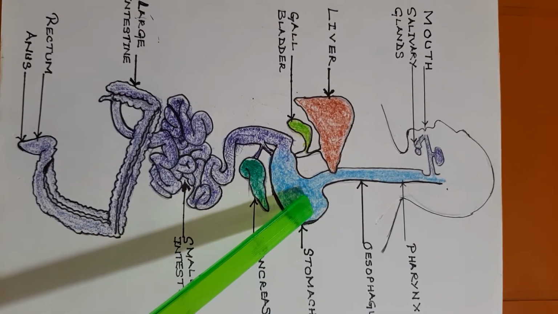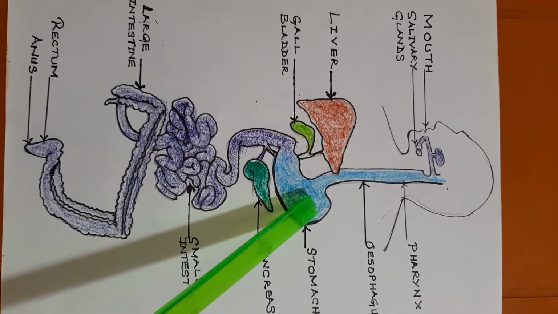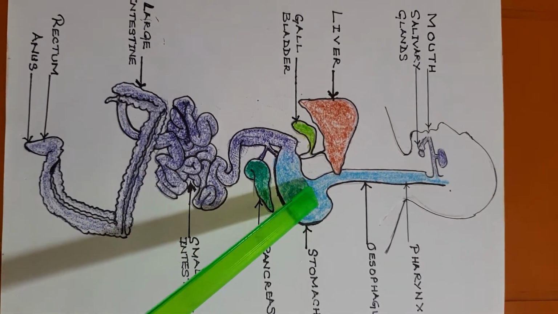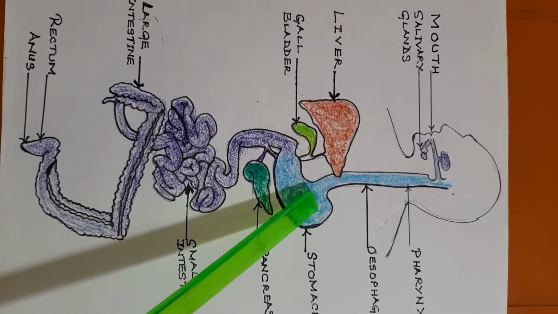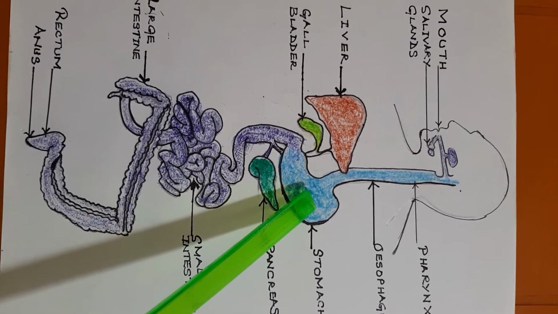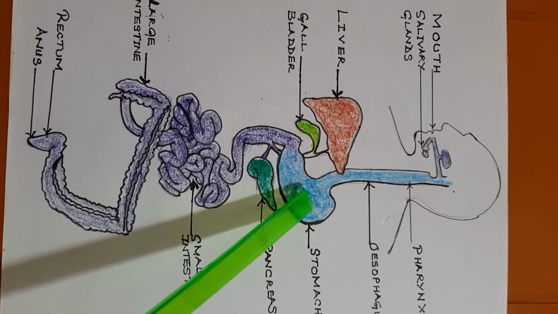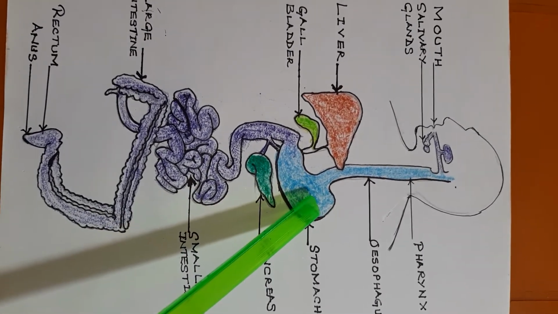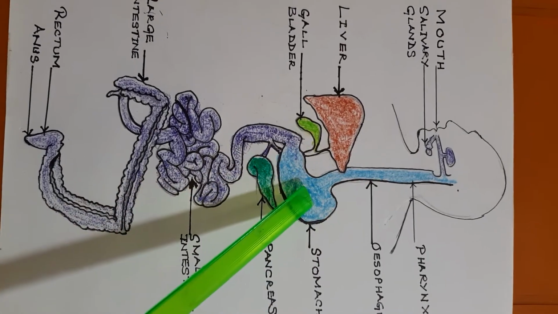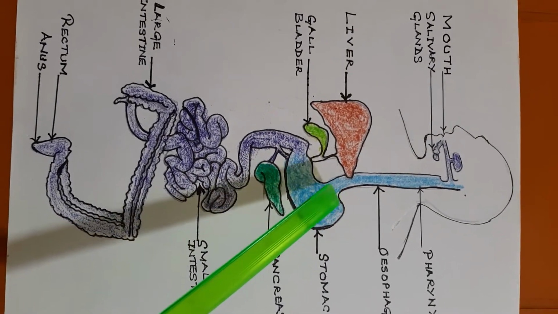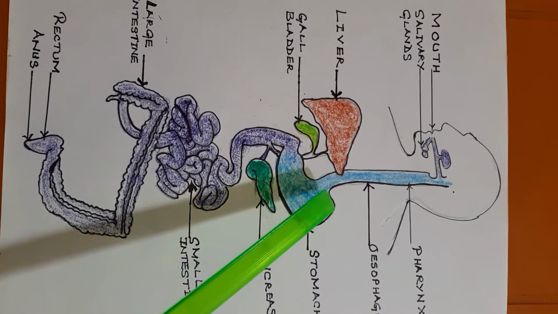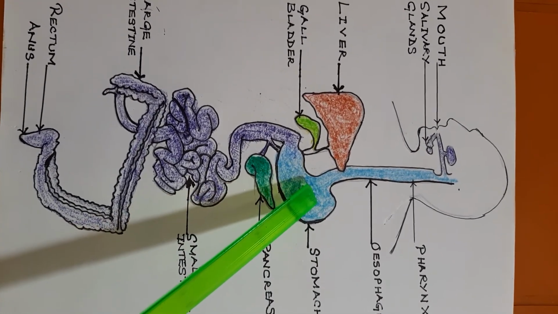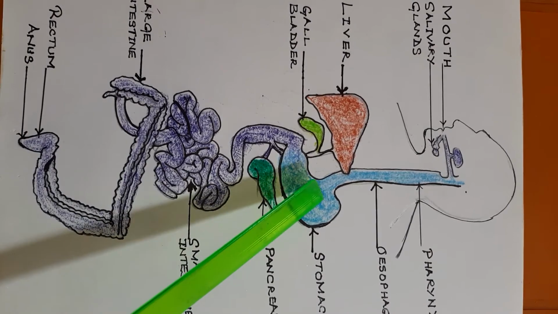That pepsin is actually in the form of an inactive substance known as pepsinogen. But due to the action of hydrochloric acid, it changes into active pepsin. This pepsin in the stomach digests the proteins and turns them into a simpler form of proteins known as peptides.